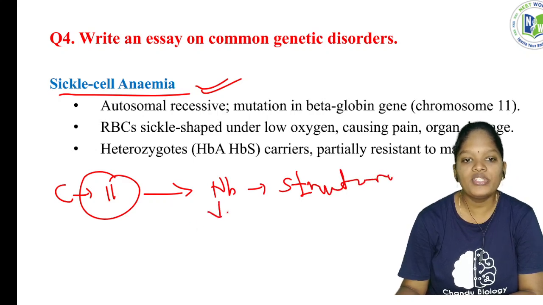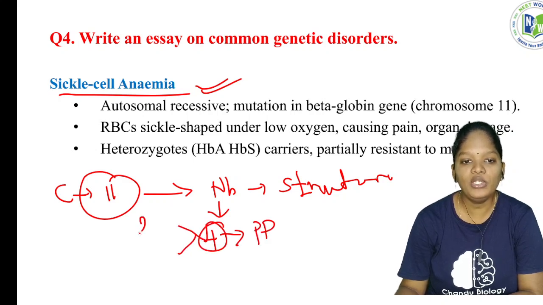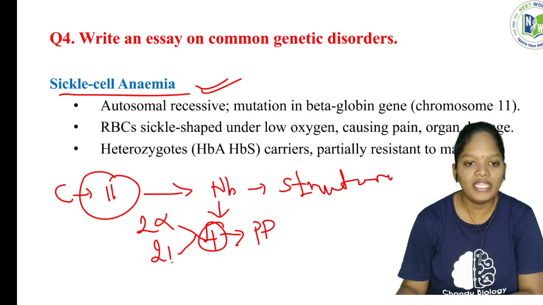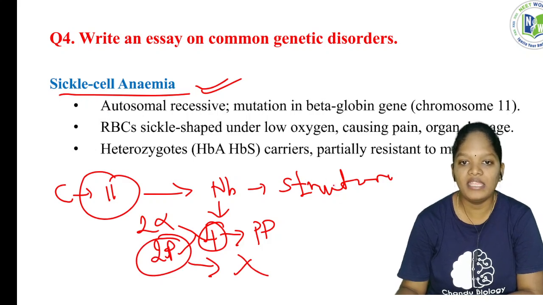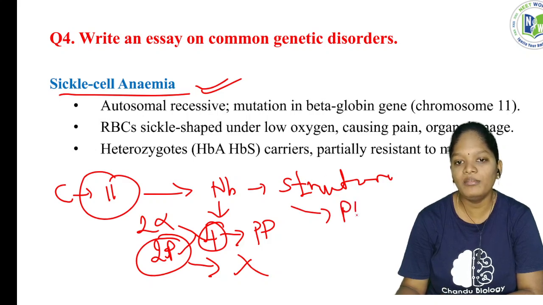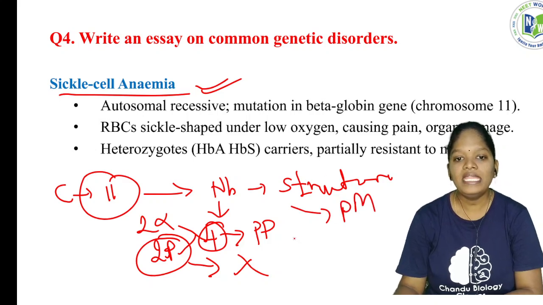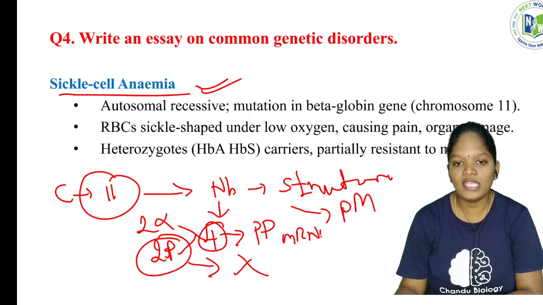In the hemoglobin structure there are 4 polypeptide chains, 2 alpha and 2 beta. In the beta globin gene there is a problem, and that is why we experience sickle cell anemia. It is mainly because of a single gene, a point mutation. At the 6th position, this is an mRNA.